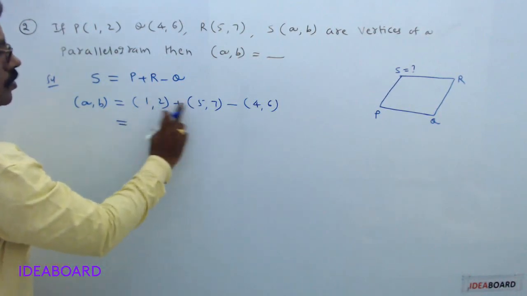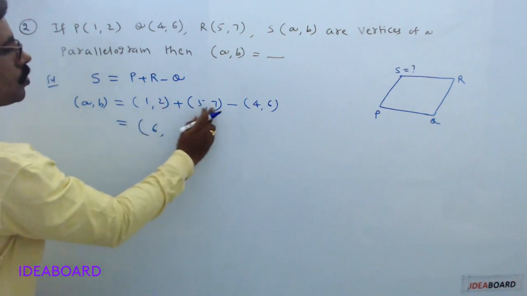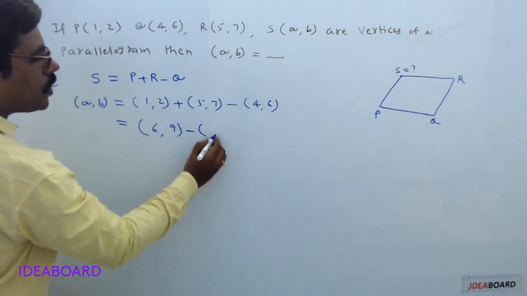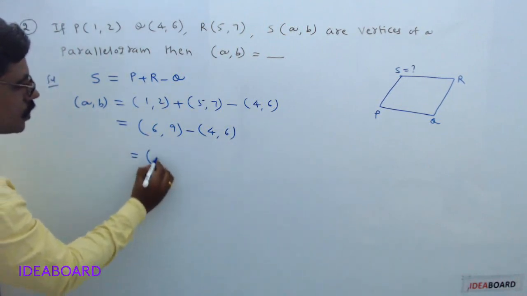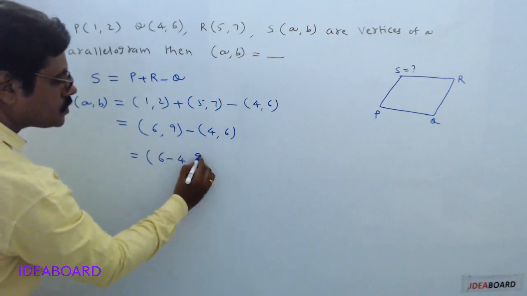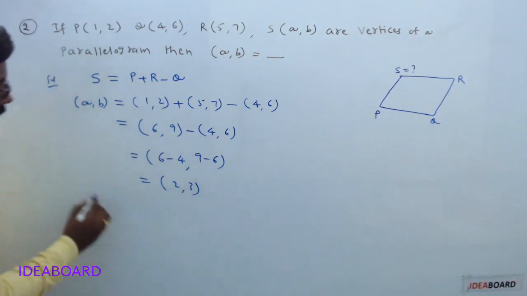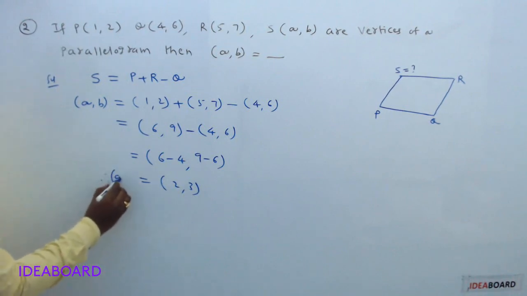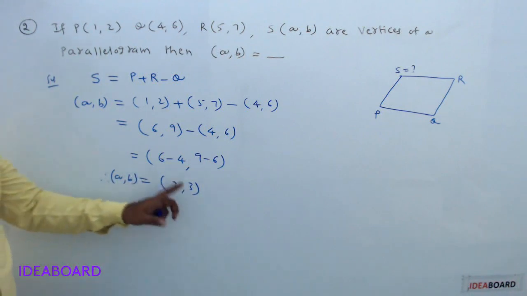First add the corresponding x coordinates: (1 plus 5, 2 plus 7) minus (4, 6), which is (6, 9) minus (4, 6). Now this equals (6 minus 4, 9 minus 6), which is (2, 3). So therefore (a, b) equals (2, 3). A value is 2, B value is 3.